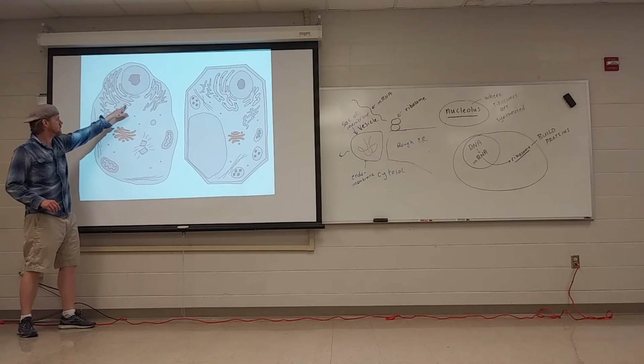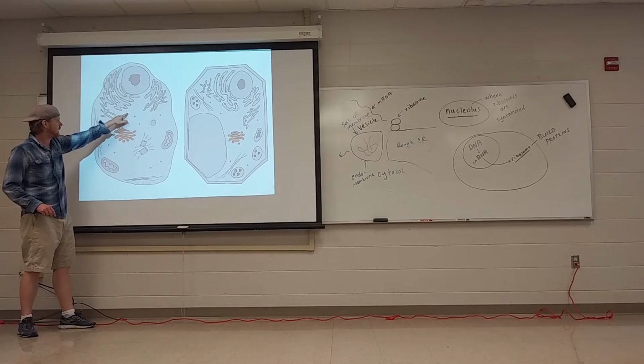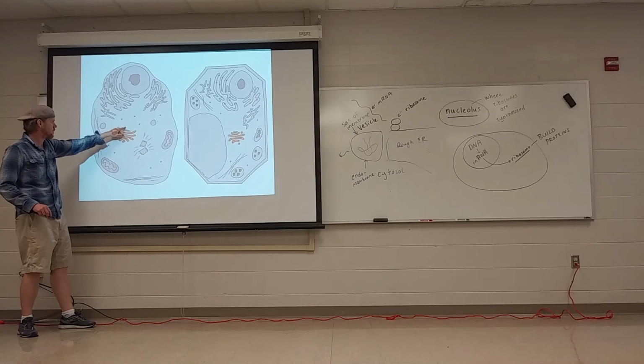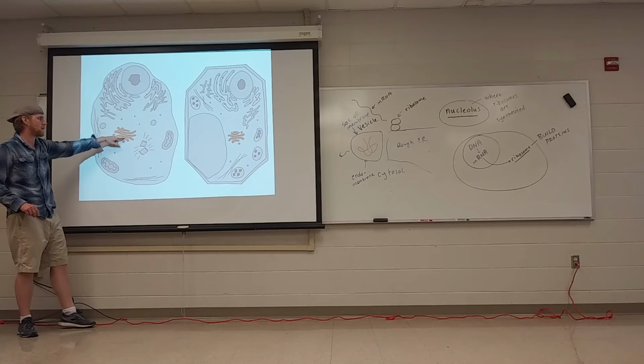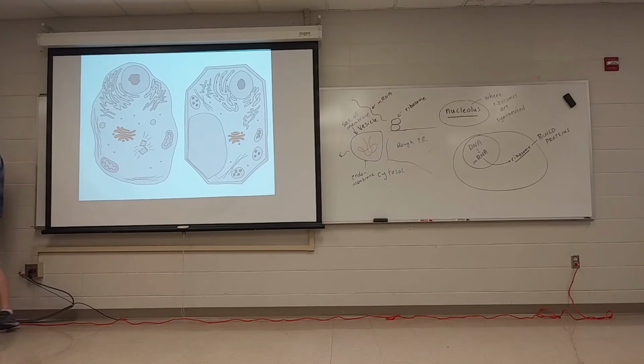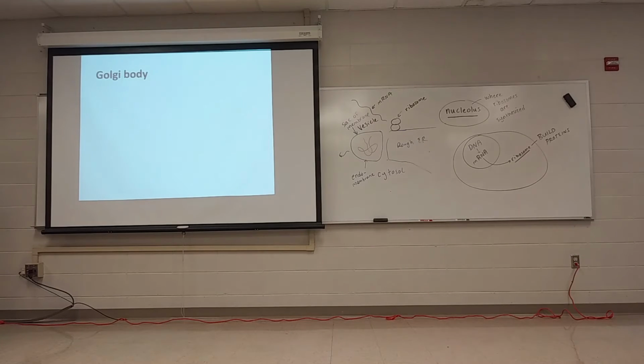So our ribosome on the rough ER made a protein. A transport vesicle would have carried that protein across the cytosol down to this organelle here. This organelle is called the Golgi body, and there's a path of travel for our vesicle carrying the protein.